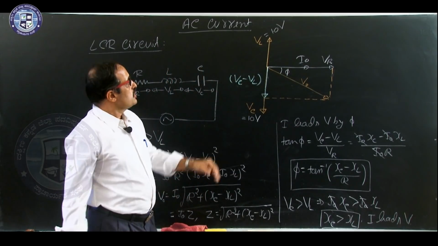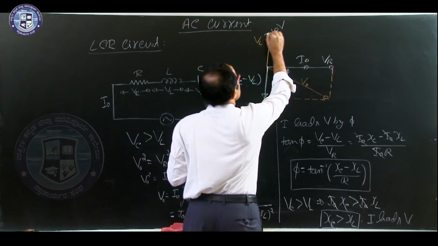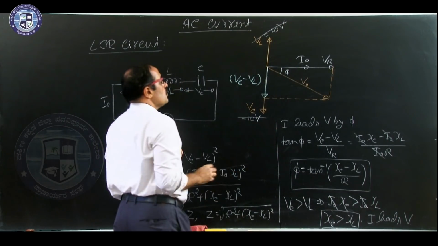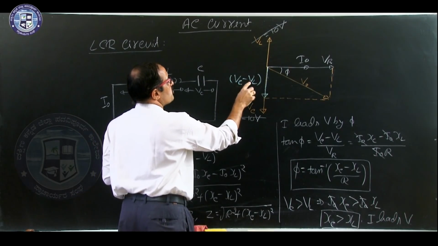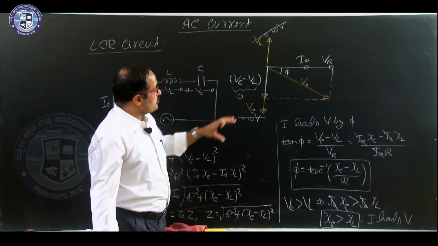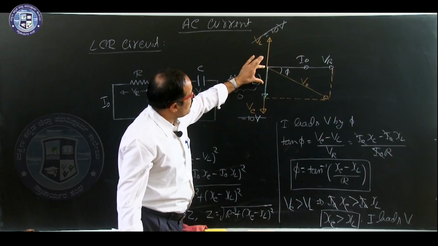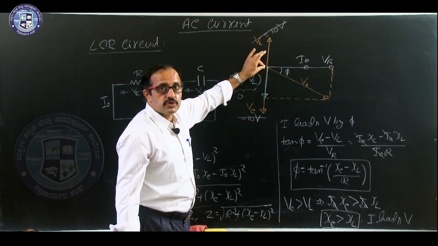Just think, if this is 10 volts, it is 10 volts, they cancel each other. Therefore, what is the value of VC minus VL? 0. Means this phasor or this vector, its value becomes 0.